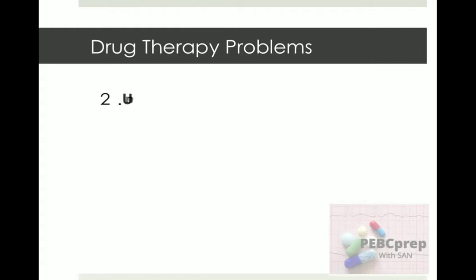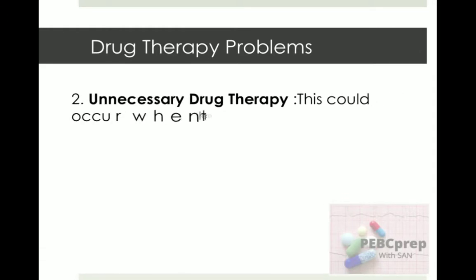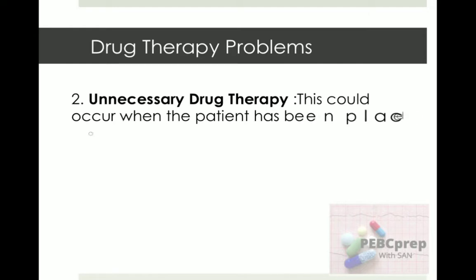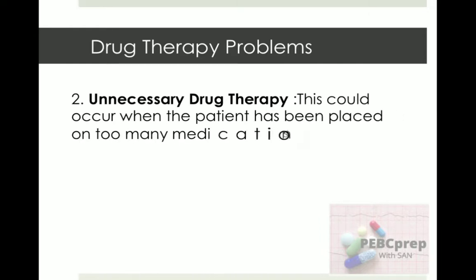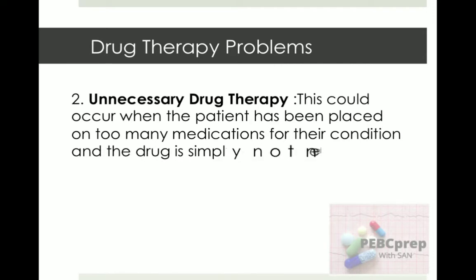The second category of drug therapy problem is unnecessary drug therapy. This could occur when the patient has been placed on too many medications for their condition and the drug is simply not needed.